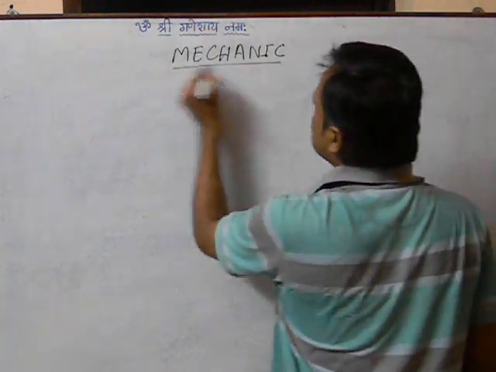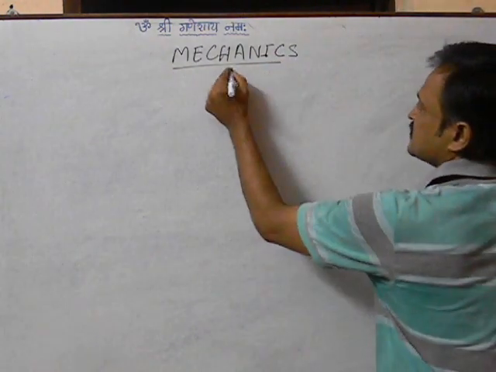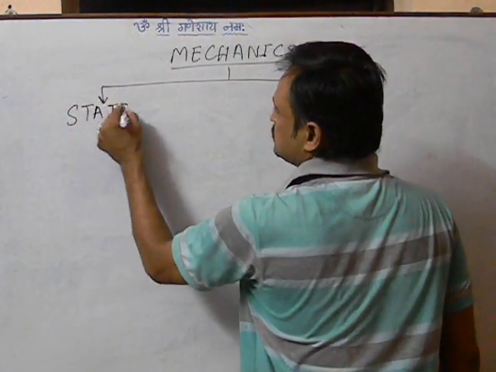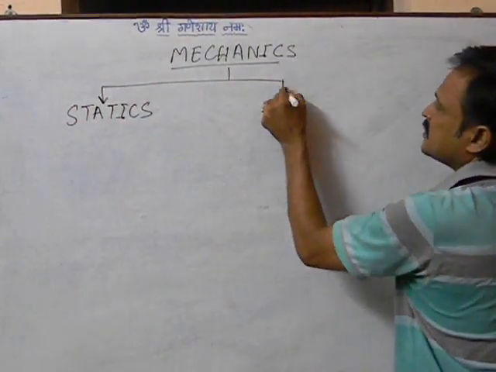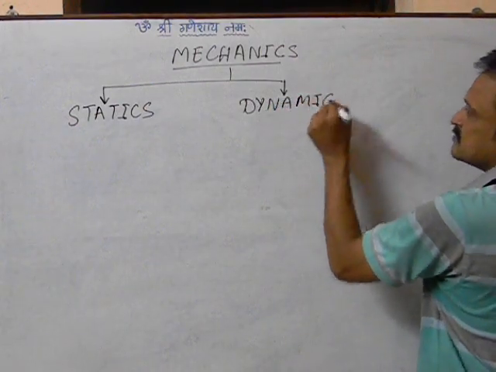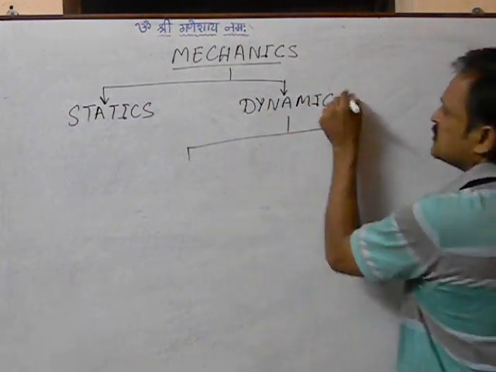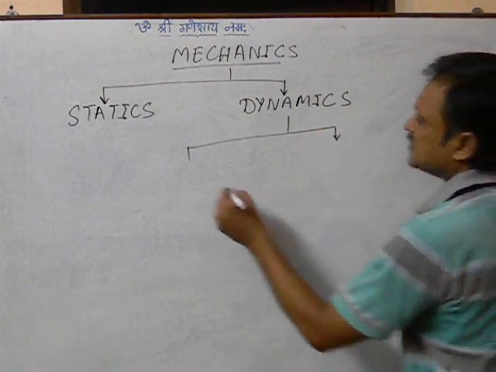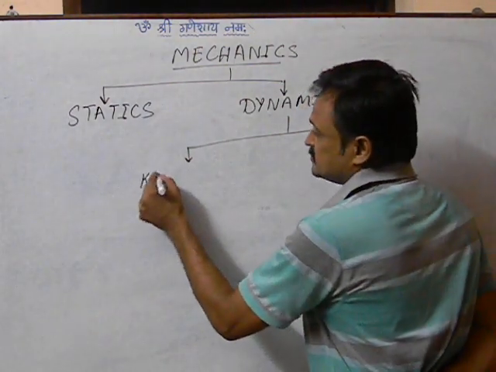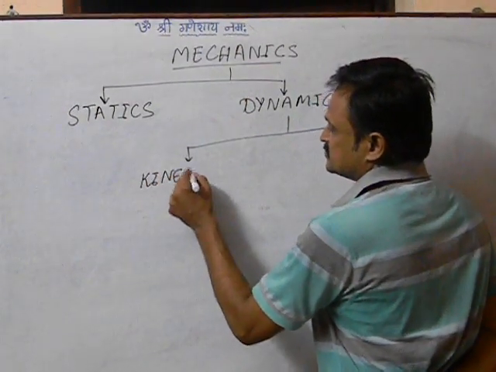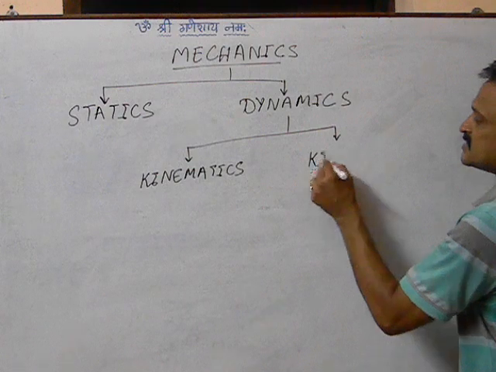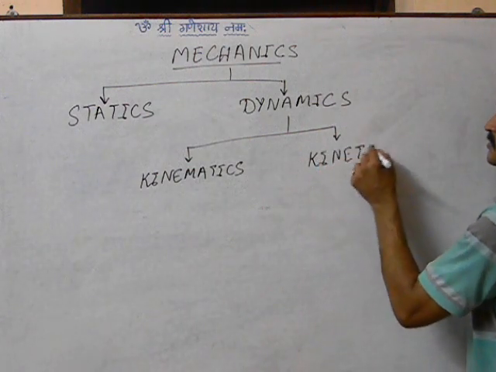Just briefly going through the science of mechanics, this study is divided into statics and dynamics, where the study of dynamics is again subdivided into two areas, one is kinematics and the other is kinetics.